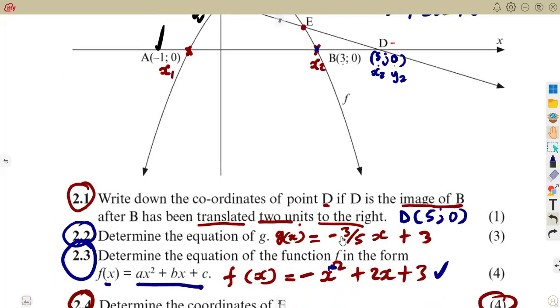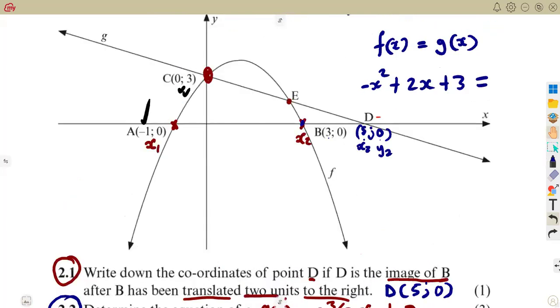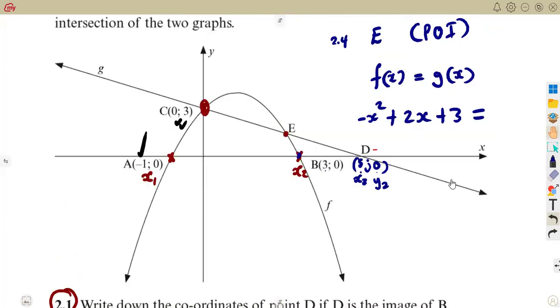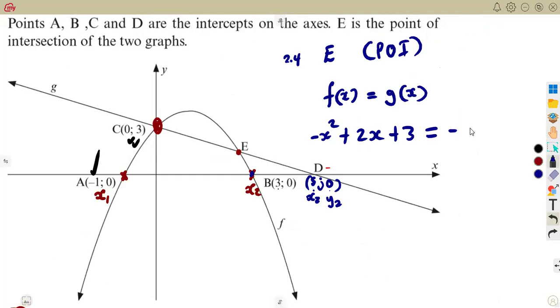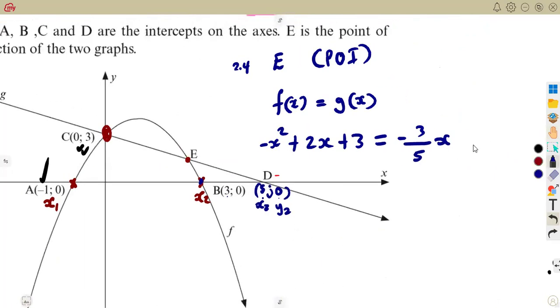This was our g of x, minus 3 over 5x plus 3. So these two, they are equal. This was our g of x. And we are saying at the point of intersection, these two are equal. So it's an equation that we have formed where we need to solve for x.